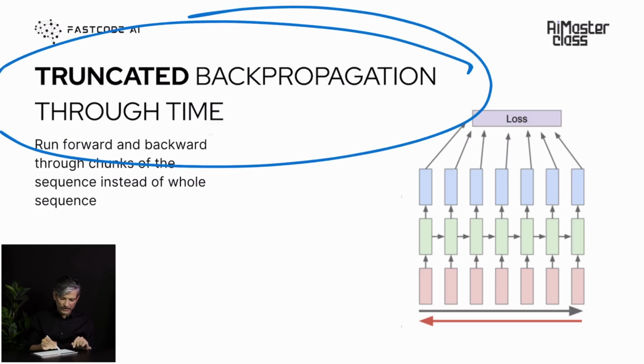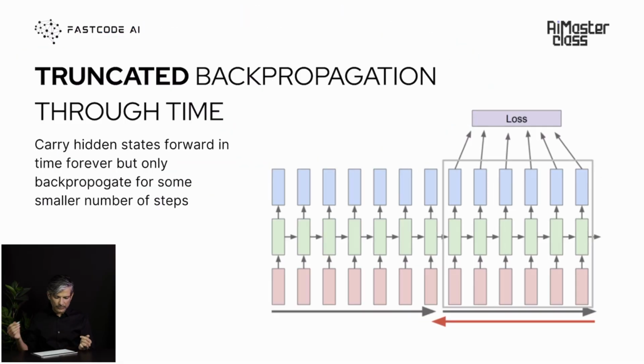So run backward and forward through chunks of the whole sequence instead of the whole sequence. Because what if your whole sequence is a full book or the entire internet? You cannot do a backprop over all of that. So you chunk it to some manageable size that your compute and memory can handle. And we carry the hidden states forward in time forever, but only backpropagate through some of the steps, right?